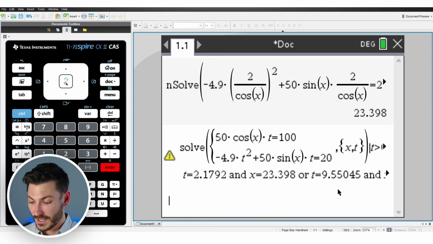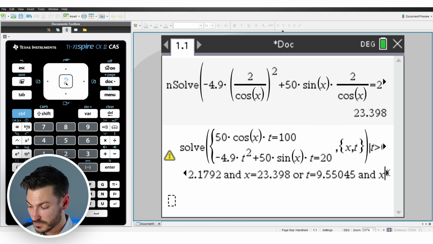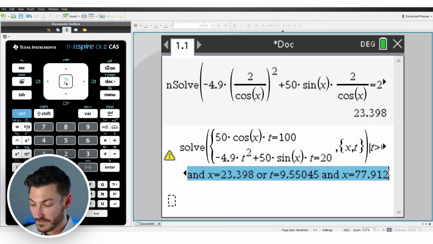And hit enter, and we get a few things here. First of all, t equals 2.179 seconds. At that point, the angle is 23.39 degrees, which you can see matches up with our other angle above. But as you can see, there are multiple times and different launch angles.